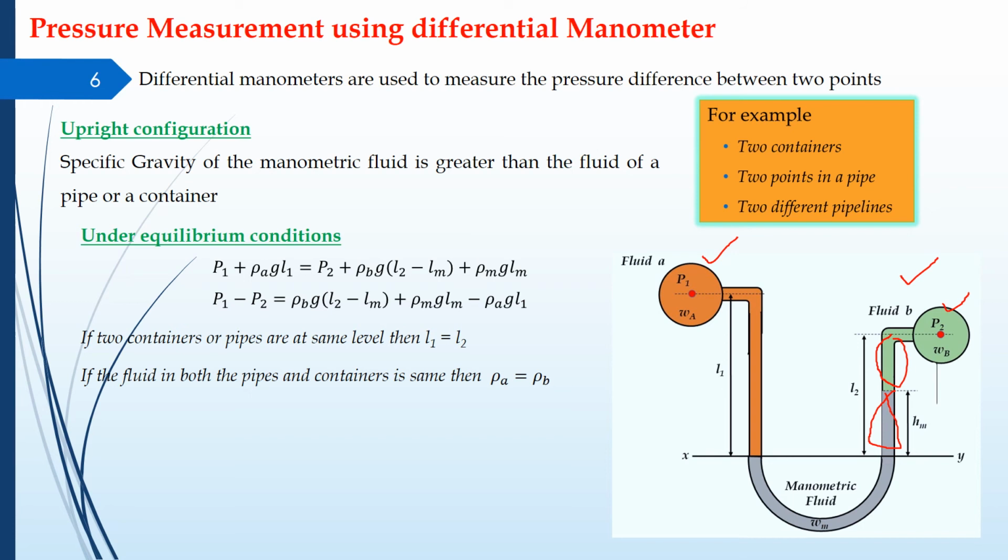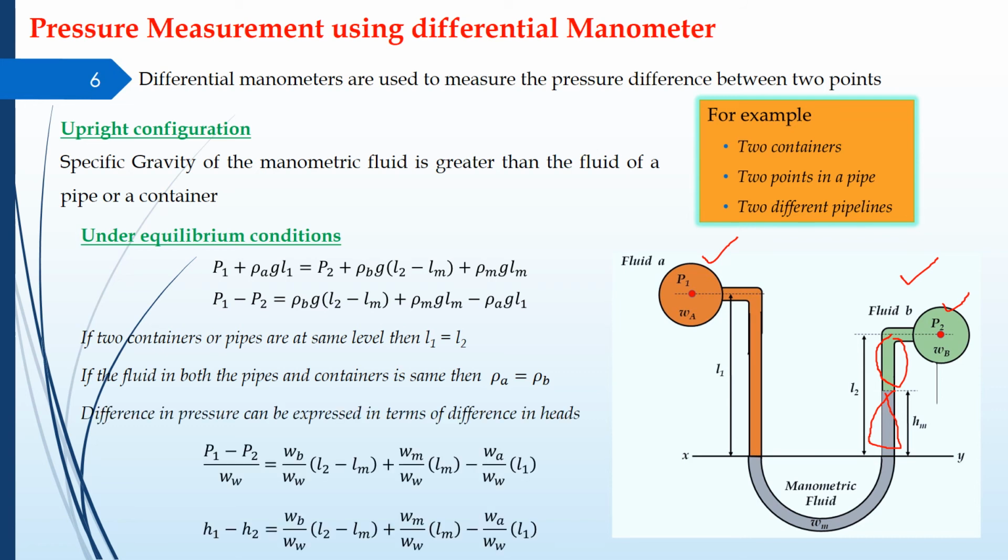If the fluid is the same, it certainly means that the specific weight of the fluid will be the same, that is rho A will be equal to rho B, and the density of the fluid will also be the same. But in this case, I have shown two different fluids. So the above equation will again be simplified, and we can put those values over here, analyze, and calculate the difference in pressure between the two points, or between the two pipes, or between the two containers.